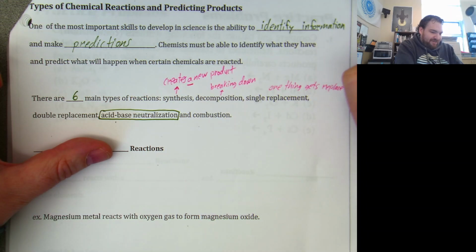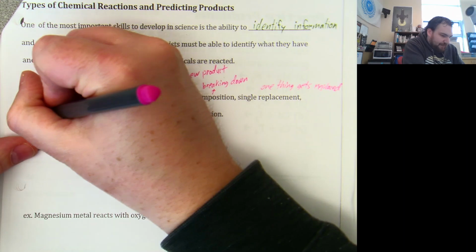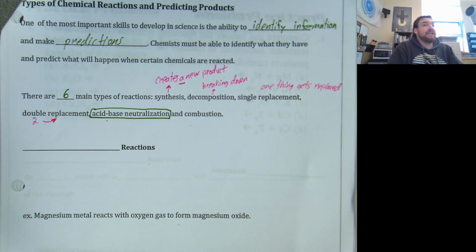I mean, the name there is fairly straightforward. Double replacement, what's probably going to happen here? Two things. Double means two. Replacement is, well, something is getting swapped out.